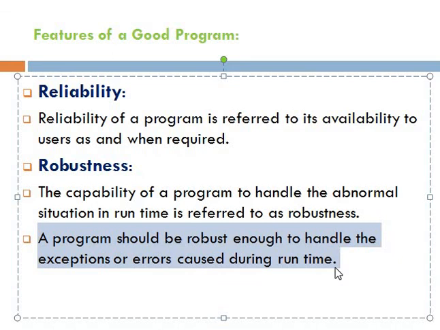So any program that you design and develop should be able to overcome any sort of exceptions or errors when you run the program. And then only the program that you have designed and developed will be considered robust enough to handle any sort of abnormal situations.